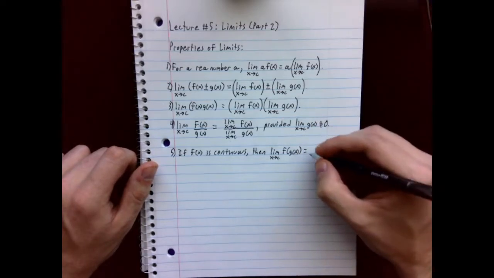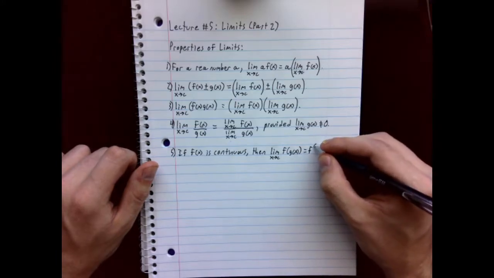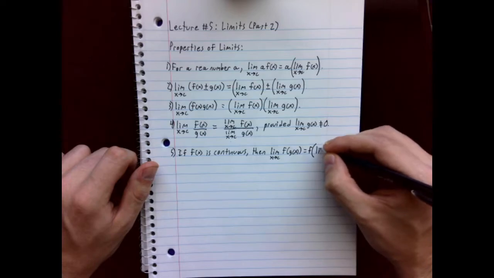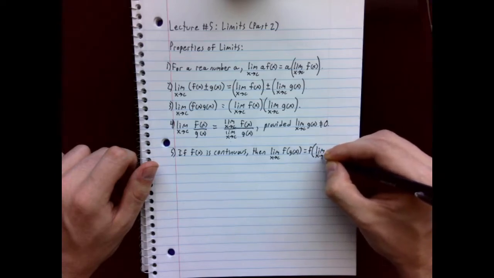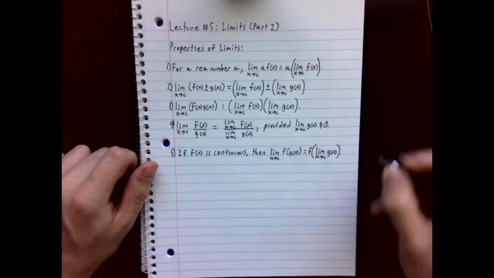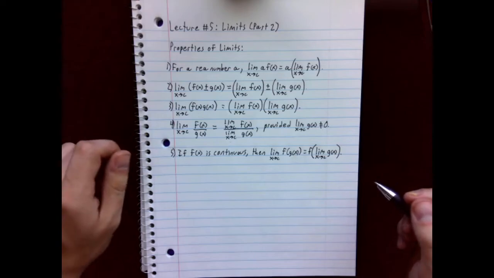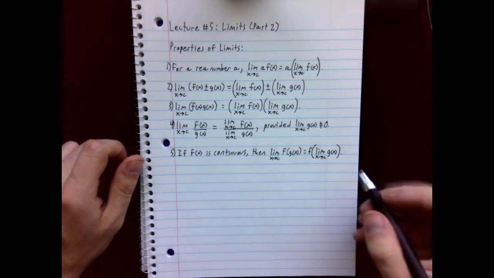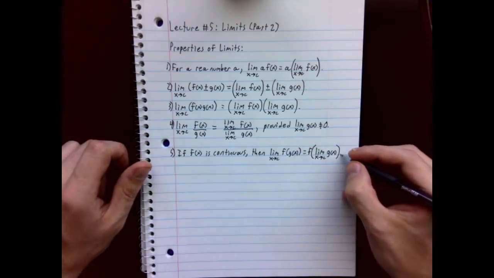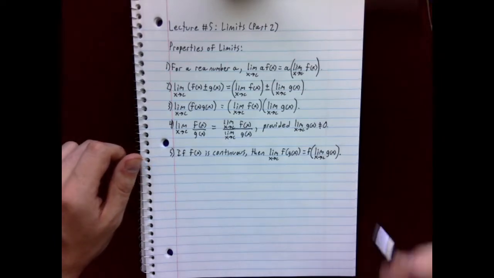This is equal to, well, what can I do? I can take the function outside and just evaluate the inner limit, and then plug whatever this limit is into f to get the full expression for the limit. Okay, so this will turn out to be useful in a couple of our computations.